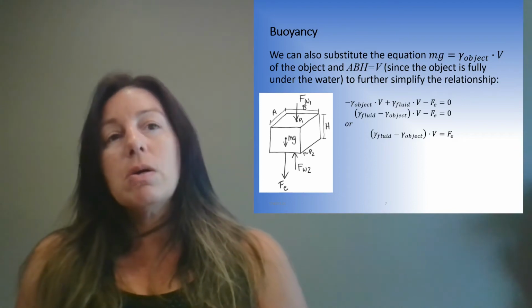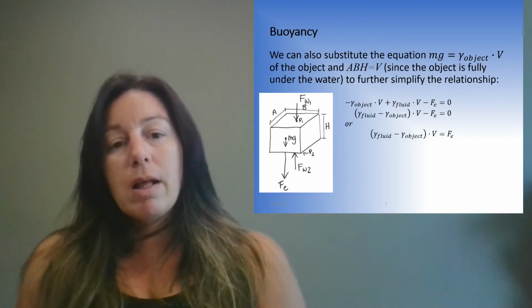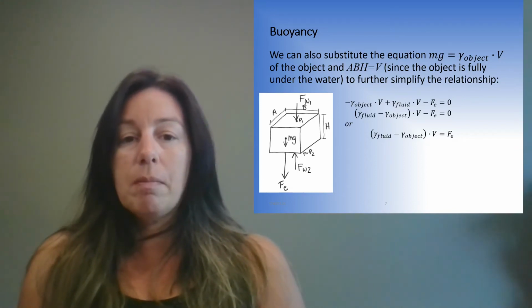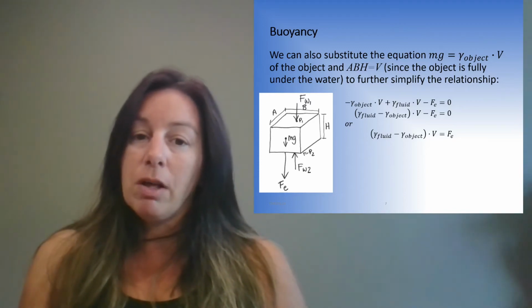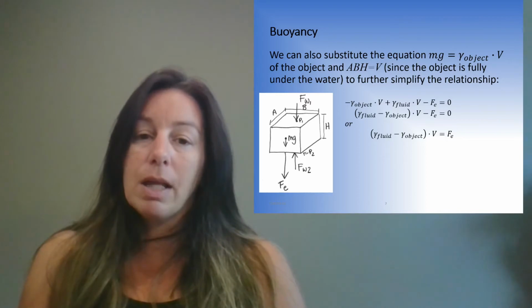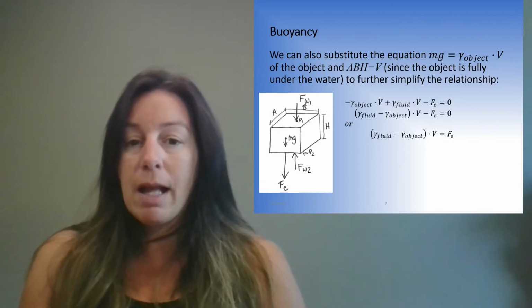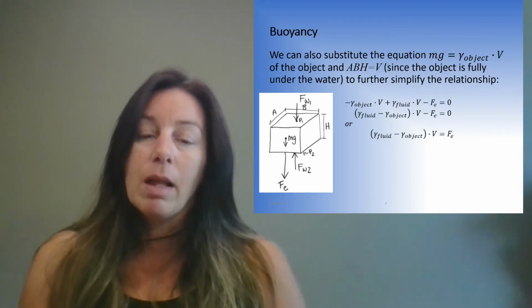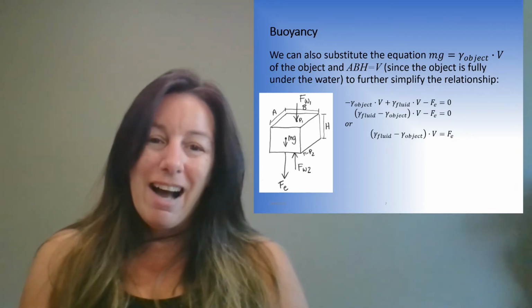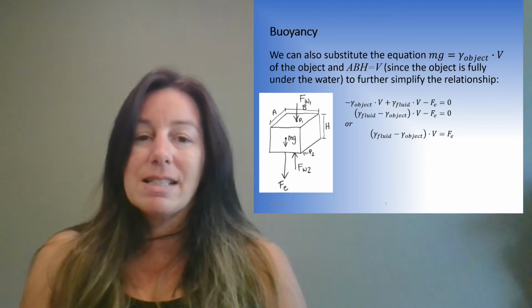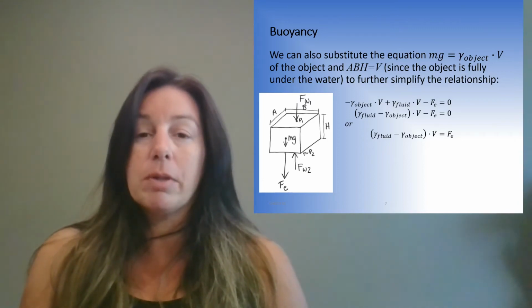I mean, we learned this before, right? The weight of the object is going to be the unit weight of the object times its volume. And its volume is that A times B, that area times its height, in this particular case because, again, it's a square, okay? And you can take that because it's fully submerged in the water.